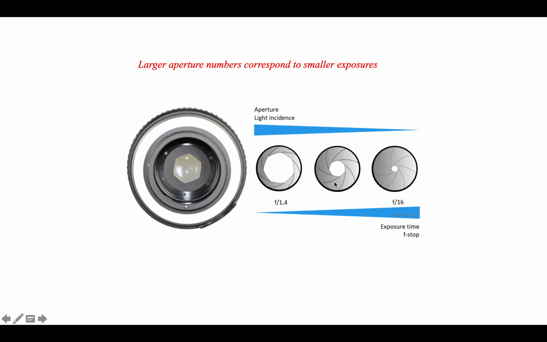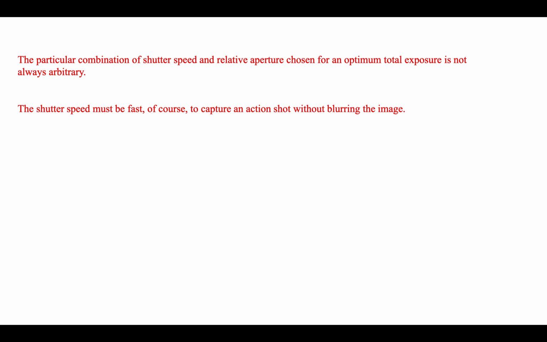So for all these three combinations, you would have basically the same or similar exposure, because longer time compensates for a smaller aperture opening. So the combination of shutter speed and aperture is not always arbitrary.